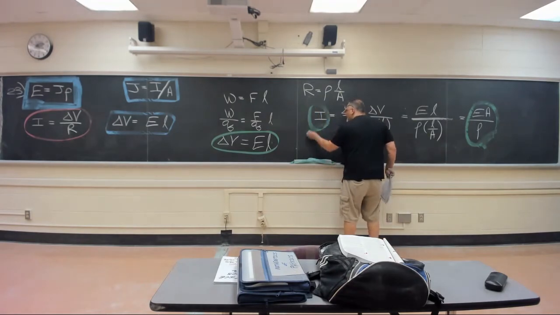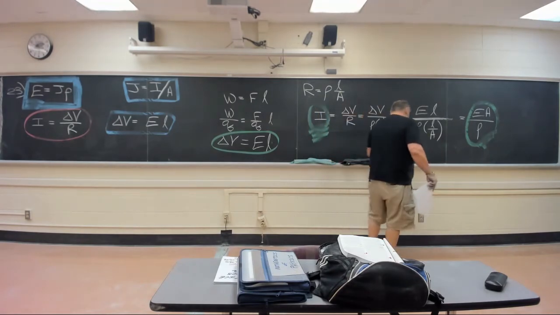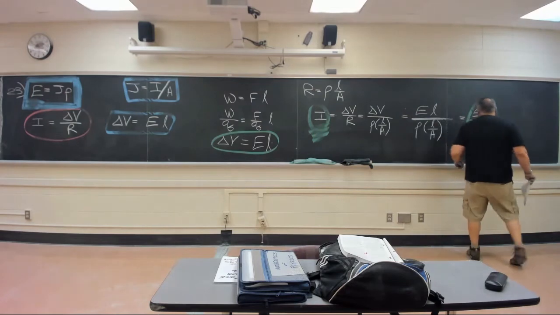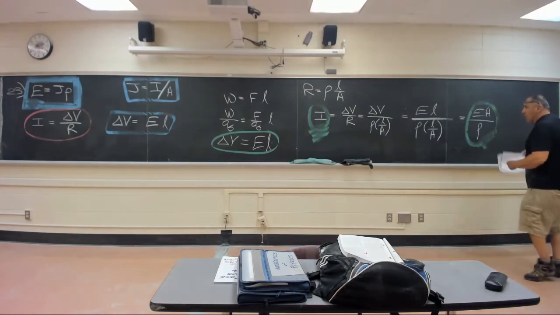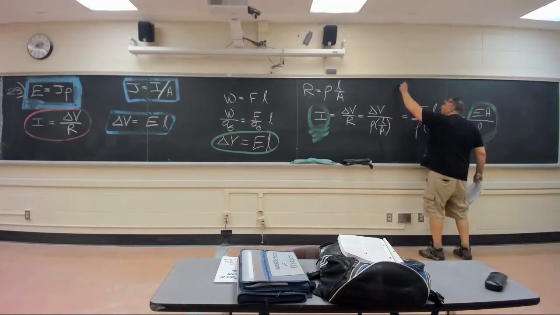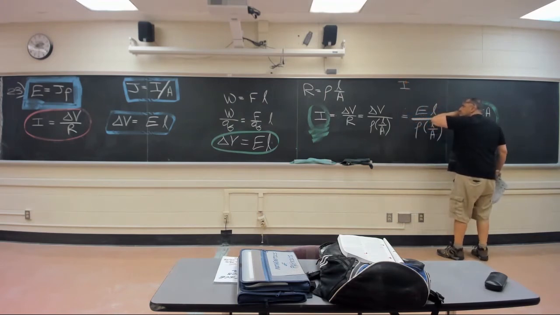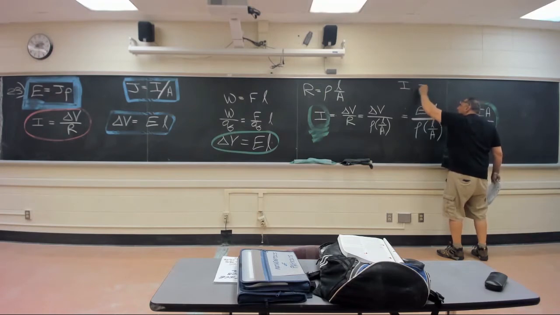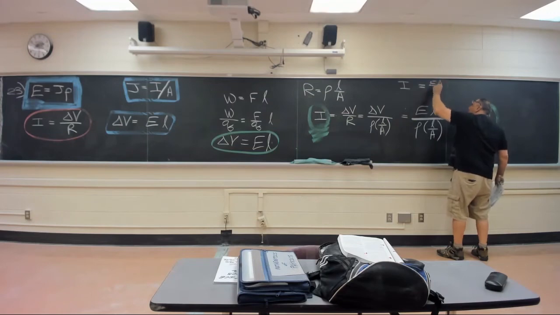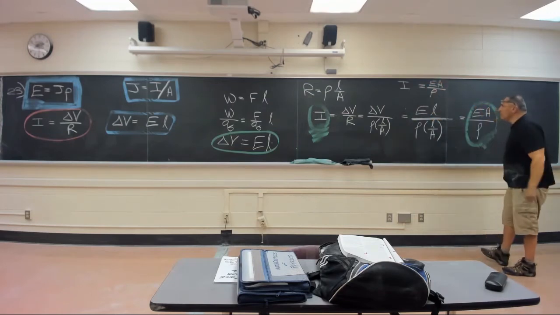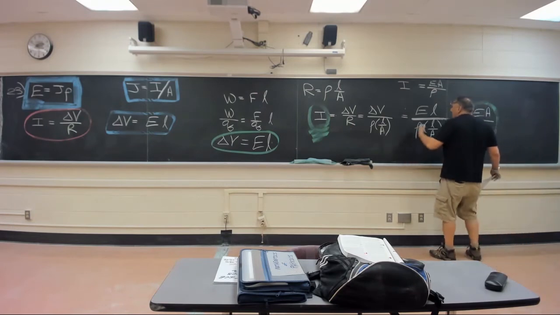Okay. We do all the song and dance and we get to where we get. Let's move somewhere else. Here's I. And we just said I was equal to EA over rho. What do you say? Okay, that's an equation.